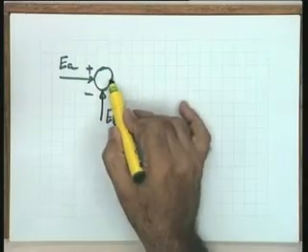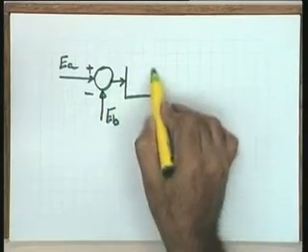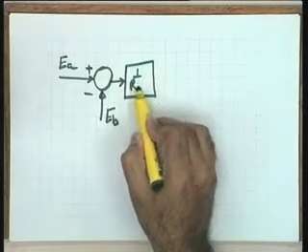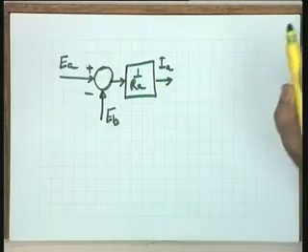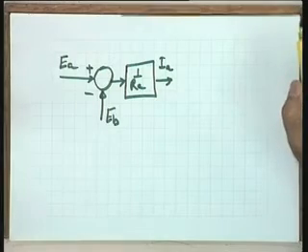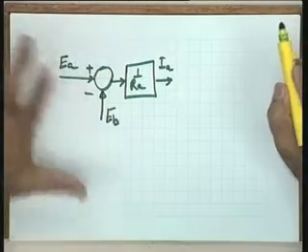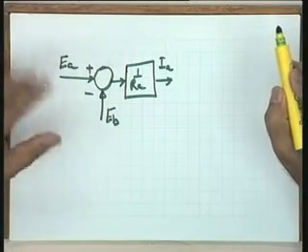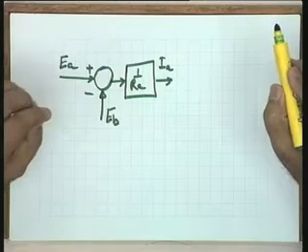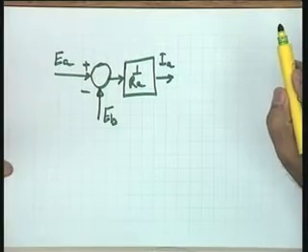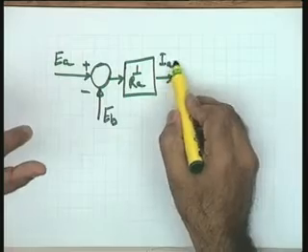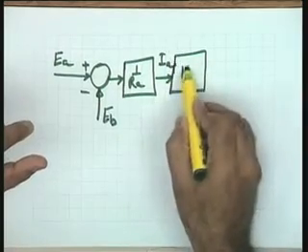The difference of the two multiplied by 1 by Ra is your armature current Ia. Please follow the equations, and once we have done it, for later applications you will be able to write the block diagram directly without explicitly writing the equations. Ia you have got, multiply it by the torque constant, you have got Kt.